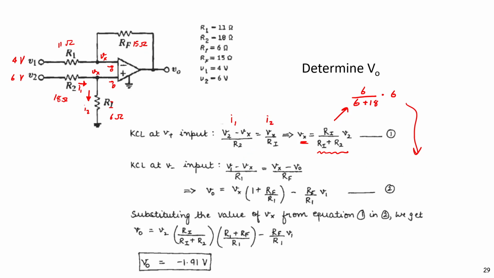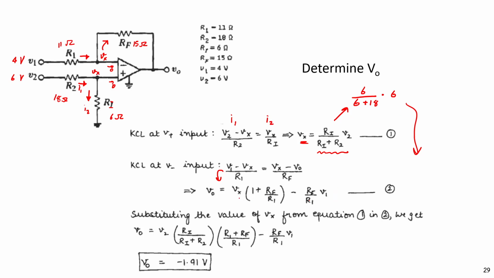And here, V1 minus Vx by R1 is this current, which is equal to Vx minus Vout by Rf, right? With this relation, Vout would be Vx times 1 plus Rf by R1. With this rearrangement, we also get minus Rf by R1 times V1.